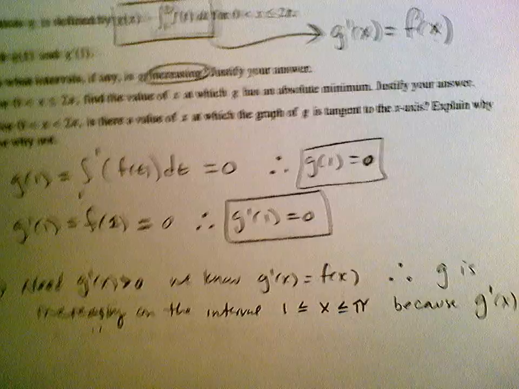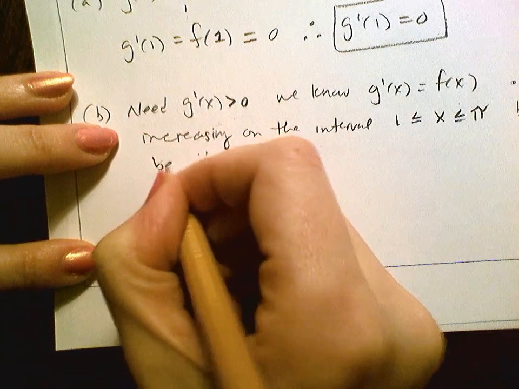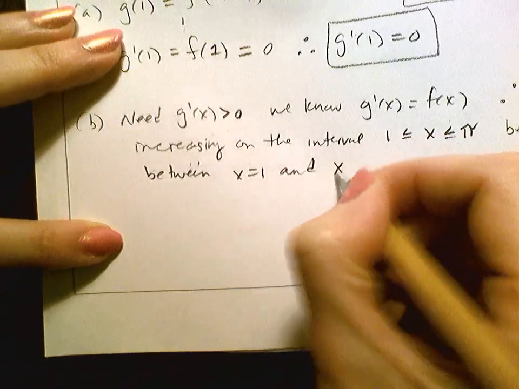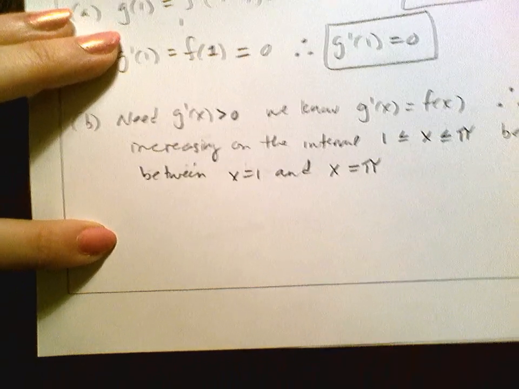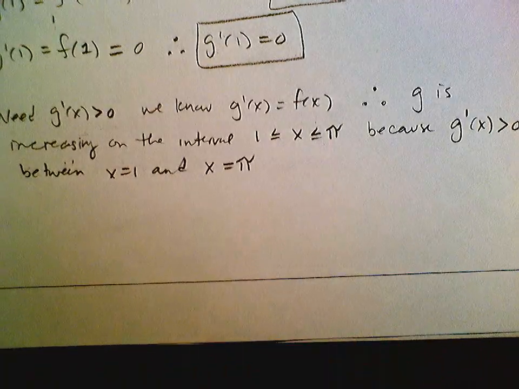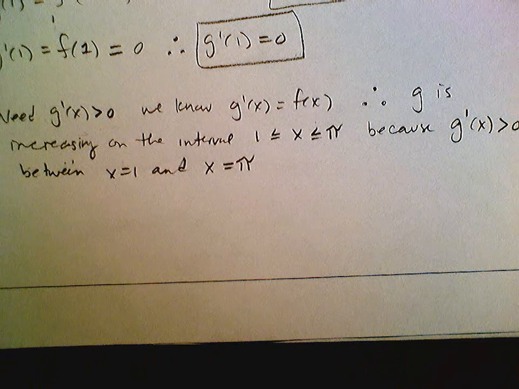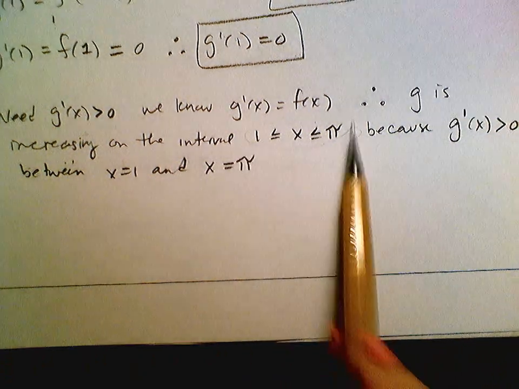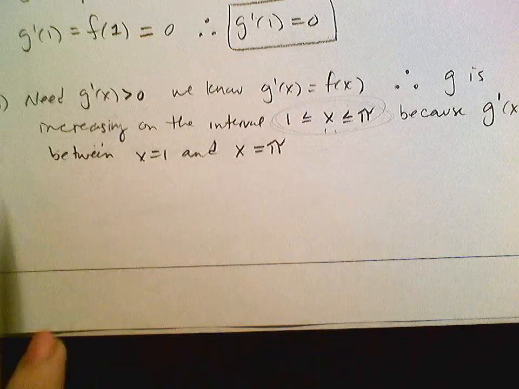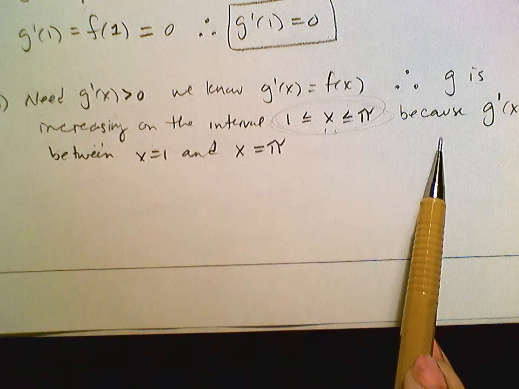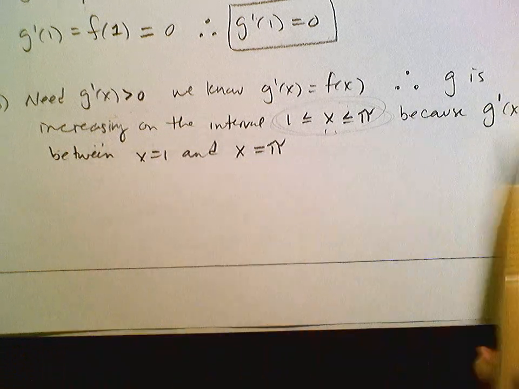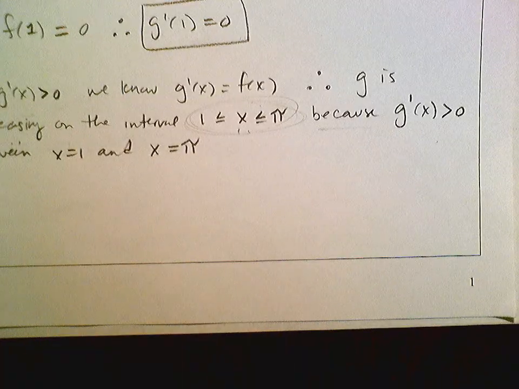Increasing on this interval because G prime of X is greater than 0 between X equals 1 and X equals pi. Okay? So this right here would get 2 points. You would get 1 point just for saying the interval. The second point comes from everything else, like laying this out, that we need this, we know that, therefore, because this. Okay, so that would be the justification.